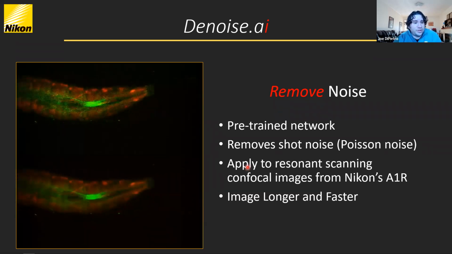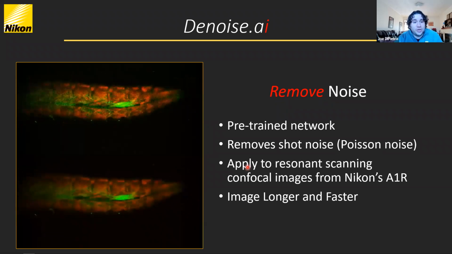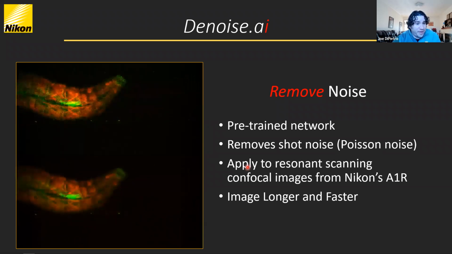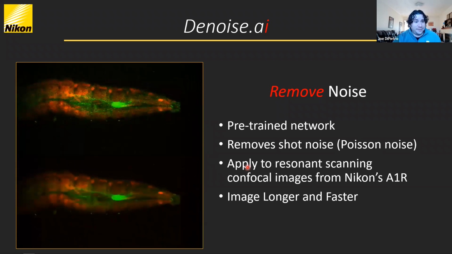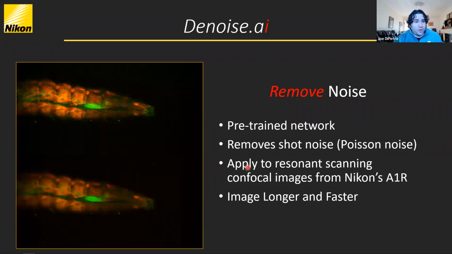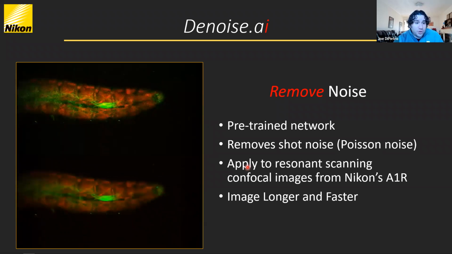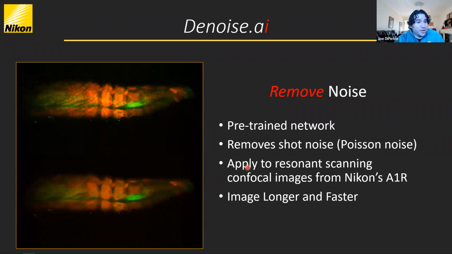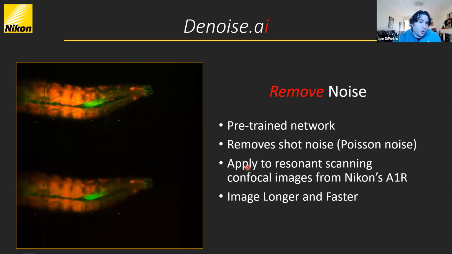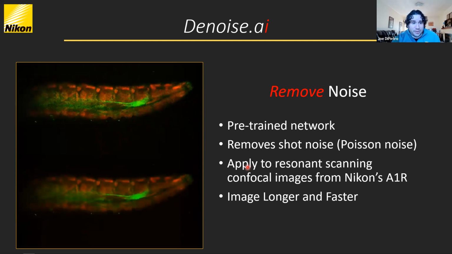It allows you to capture images using parameters that will let you be more gentle and image faster at the expense of having a high signal to noise image, and then remove that noise afterwards and leave you with an image that is as good as one that you might have taken, but would require more energy in the sample and slower imaging parameters.